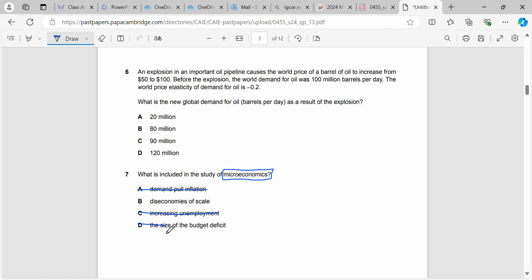And the size of the budget deficit is another macroeconomic topic. Again, they affect the whole economy. Diseconomies of scale, however, they are a microeconomic topic because they are relating to an individual firm or an individual industry having their average costs of production increase.